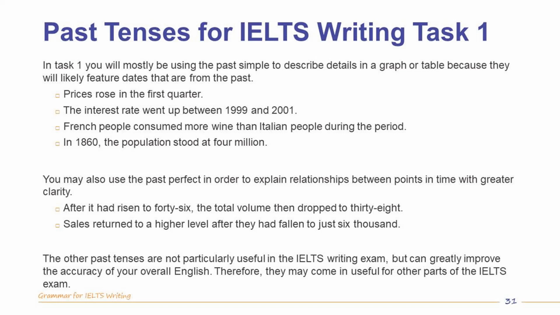Sales returned to a higher level after they had fallen to just 6,000. The other past tenses are not particularly useful in the IELTS writing exam, but can greatly improve the accuracy of your overall English. Therefore, they may come in useful in other parts of the IELTS exam.